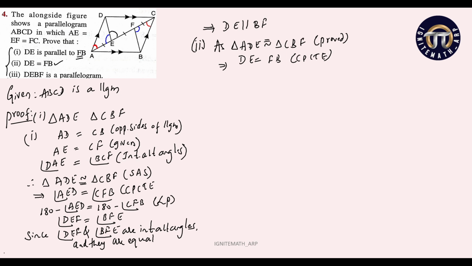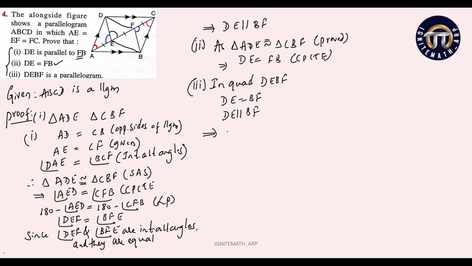So we got to know this also. Now you have to prove that DEBF is a parallelogram. DEBF. Now I will join this. Pay attention, children, for the third one, in quadrilateral DEBF, because I still don't know whether it's a parallelogram or not. We got to know that DE is equal to BF and DE is parallel to BF.